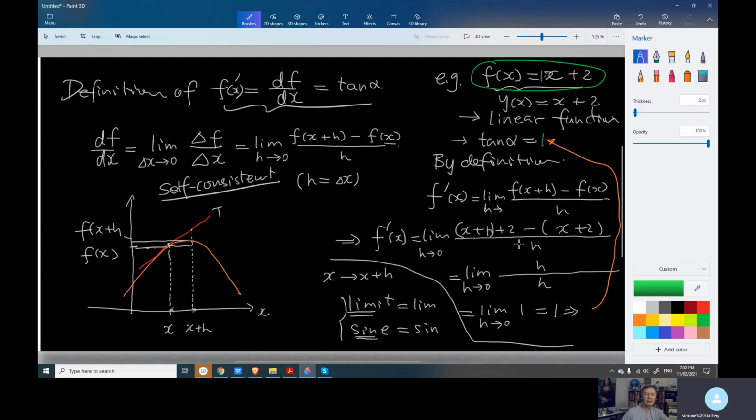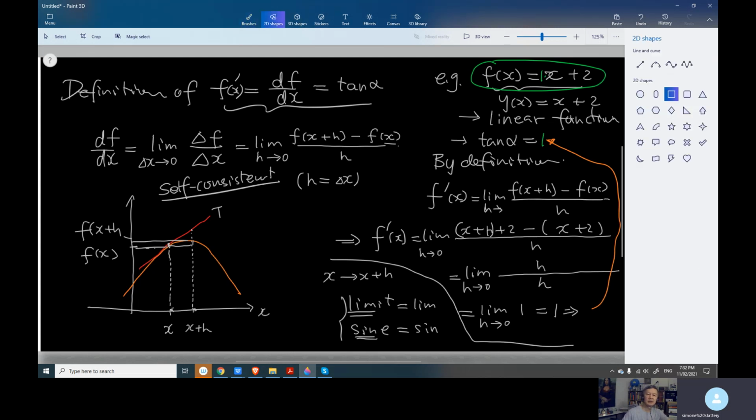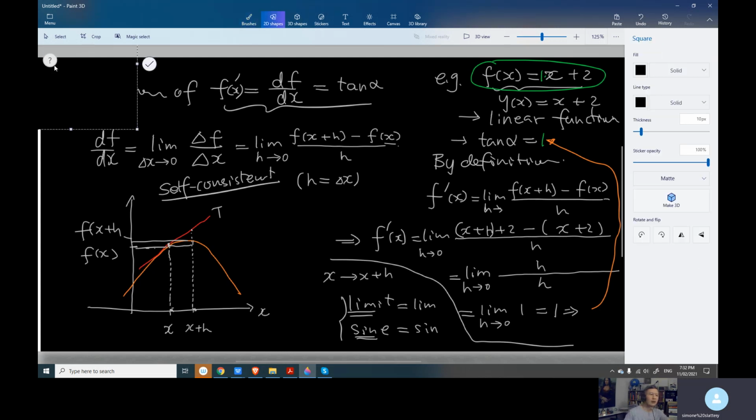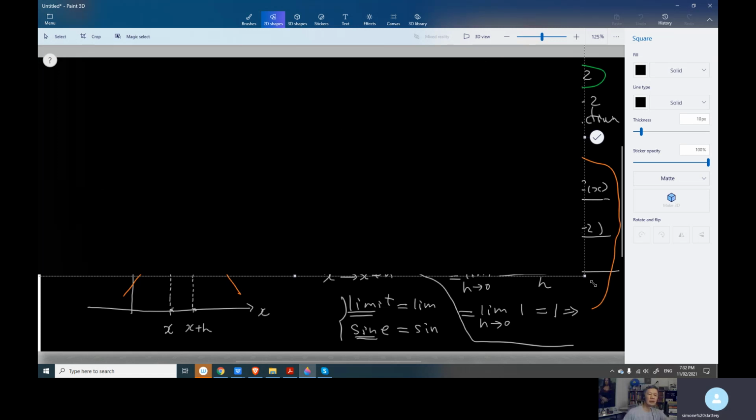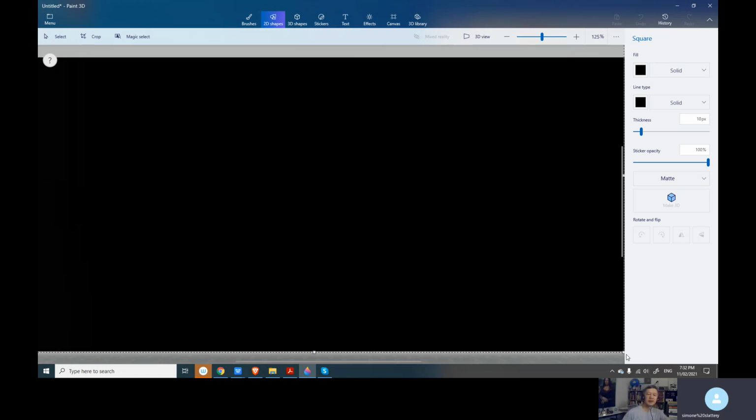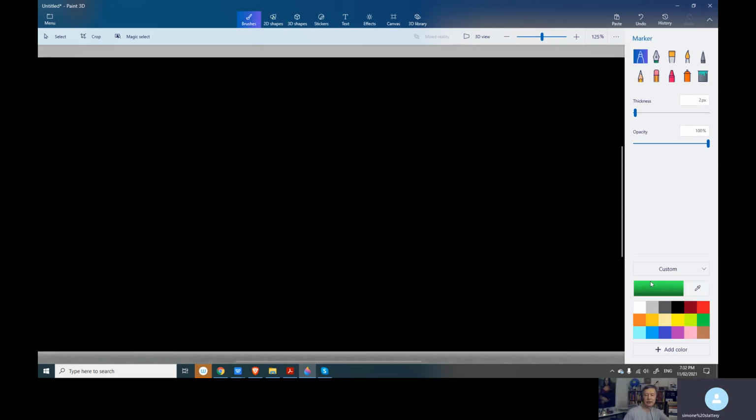Let's just put the black color before we go. Last time we did that hard work, which means we have proved something.